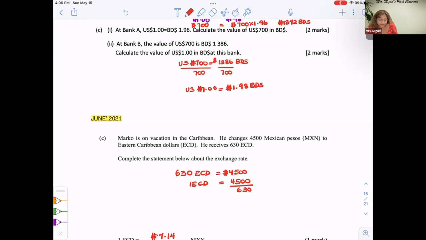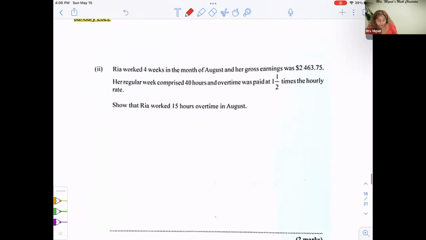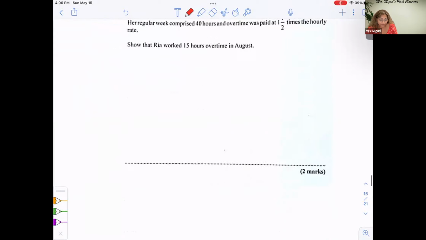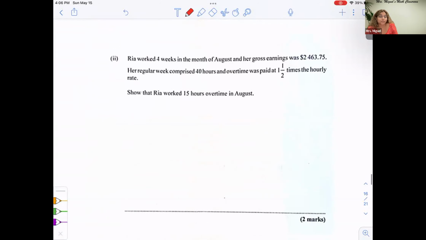The next question is the 2022. I'm not going to do that. You all do it, and I will send the answer, or I did it already with some of you all. This one I'm not going to do because they brought it in 2022. So they already brought wages. So I'm sure that they are not going to bring it again, but it doesn't hurt if we try it.